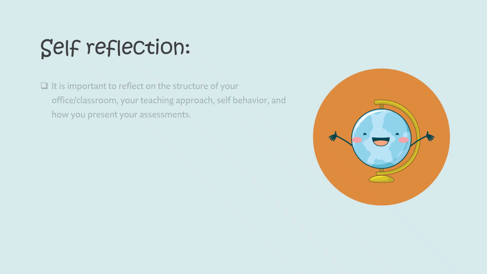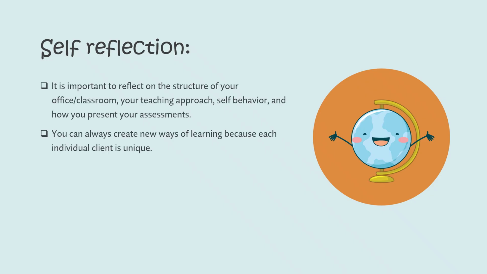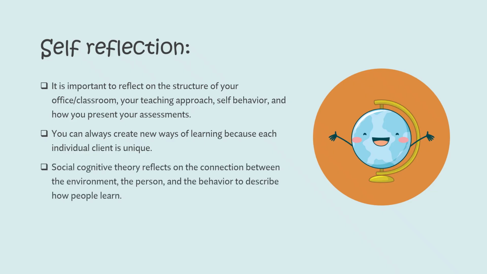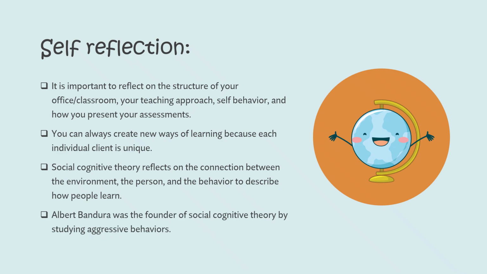Self-reflection would be the second tip that I wanted to speak about. It is important to reflect on the structure of your office or your classroom, your teaching approach, your own behavior, and how you present your assignments. You can also create new ways of learning because each individual client is unique.